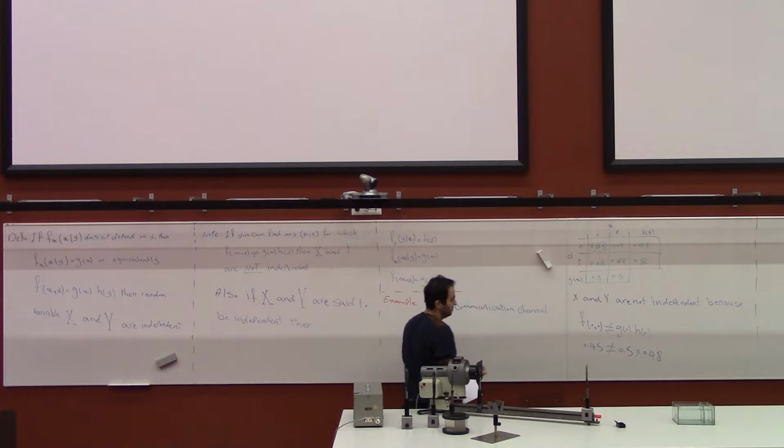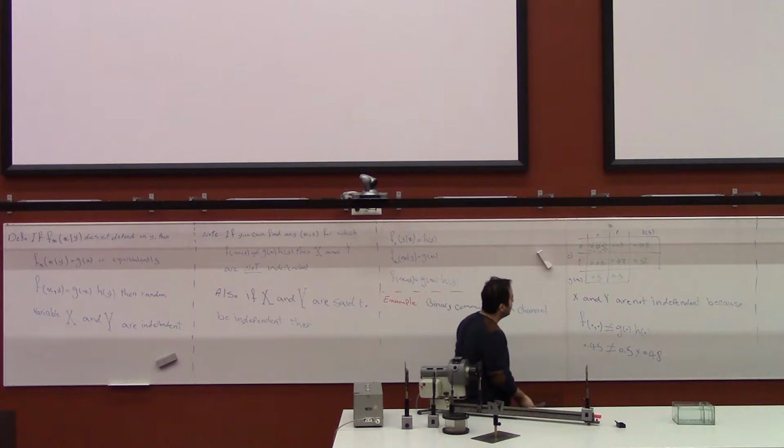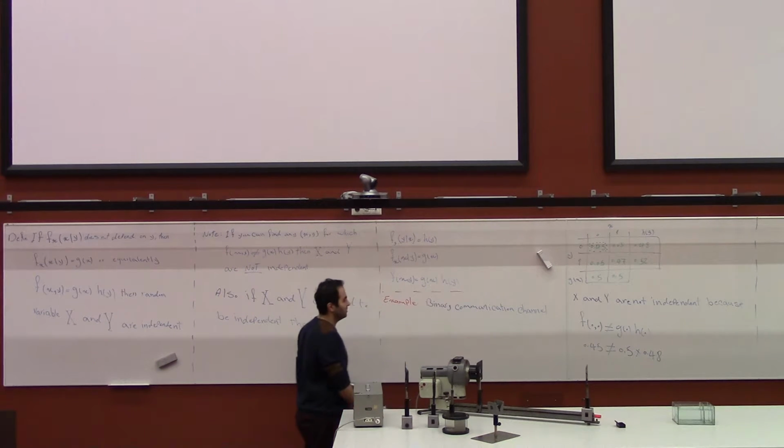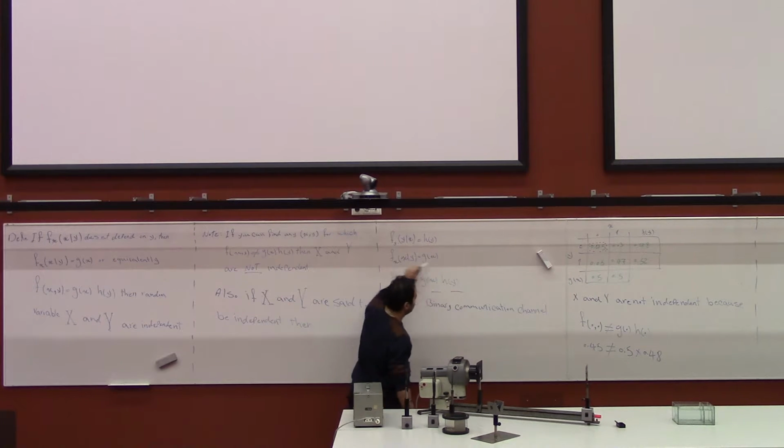We know that the right side and left side are not equal. Then we can say X and Y are not independent, because we can't show this property.